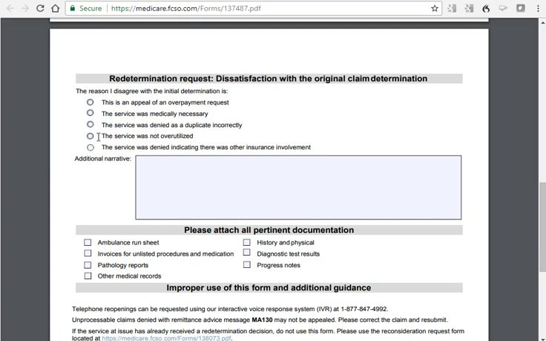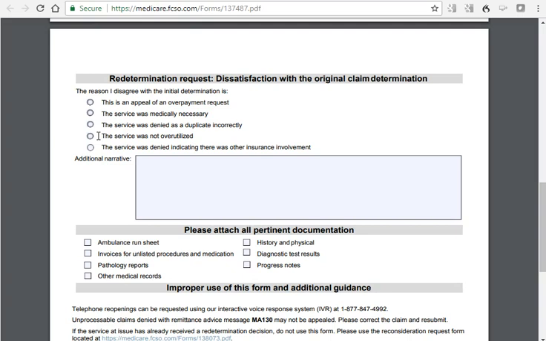To deny that the service was not overutilized. So sometimes we get denials which say a patient has used more of a particular service than is allowable under their benefit plan. So we need to be cognizant of that.